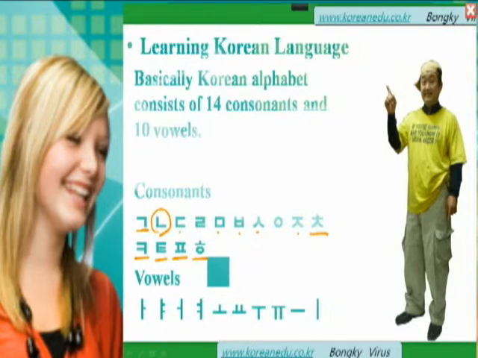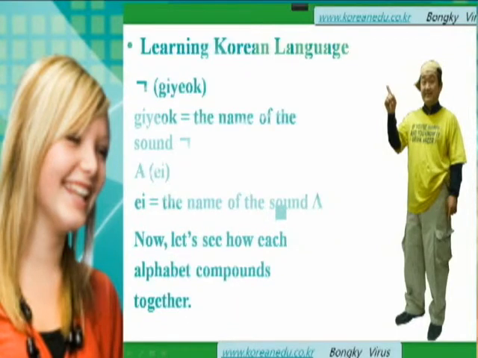Let's check out the vowels then. 아, 야, 어, 여, 오, 요, 우, 유, 으, 이. There are 10 vowels in the Korean alphabet. Let's see the first consonant, 기역.